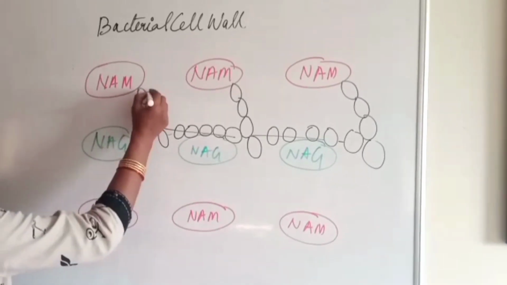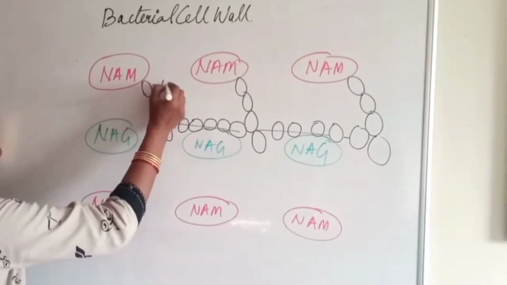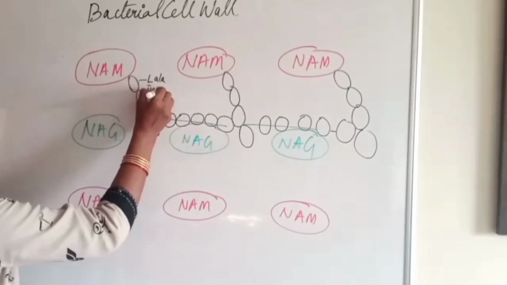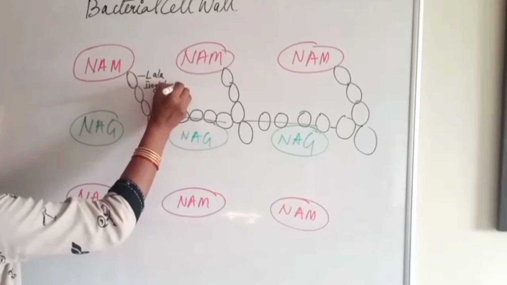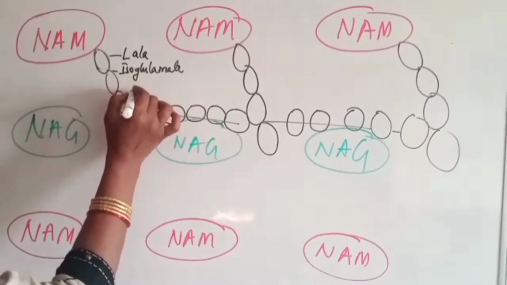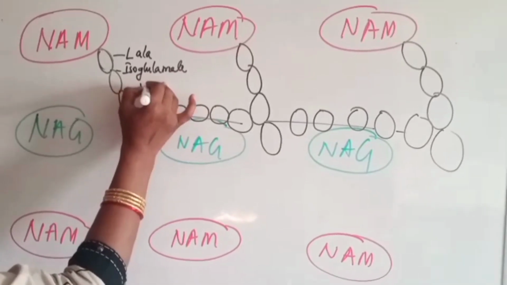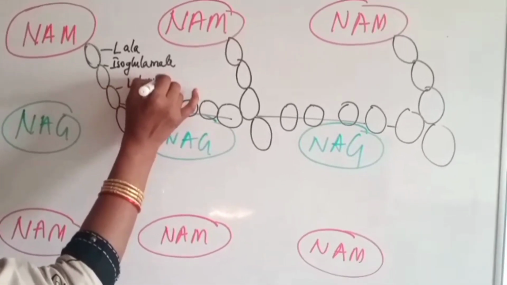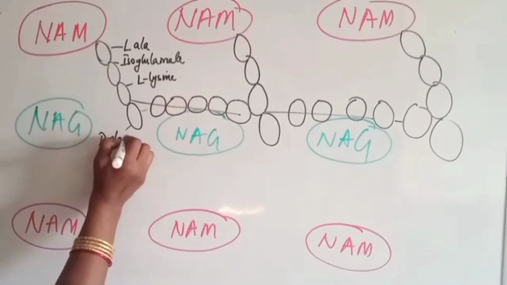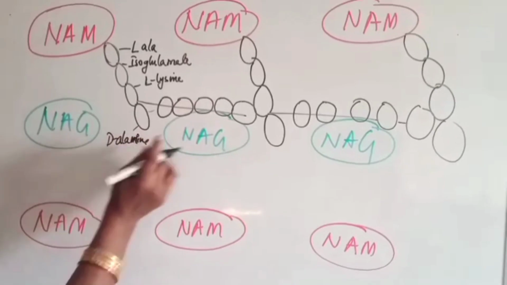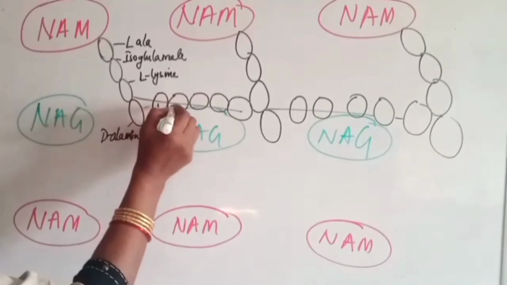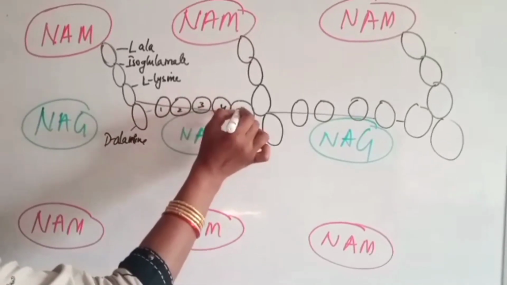This is your L-alanine, isoglutamate, the third one is your L-lysine, and the fourth one is your D-alanine. And these are your 5 glycine residues, 1, 2, 3, 4 and 5.